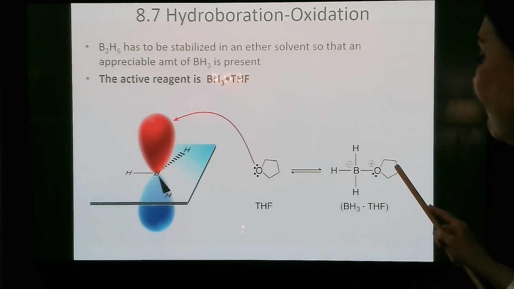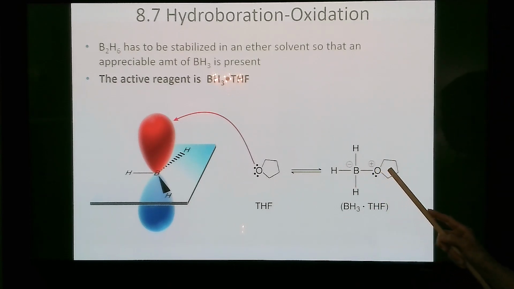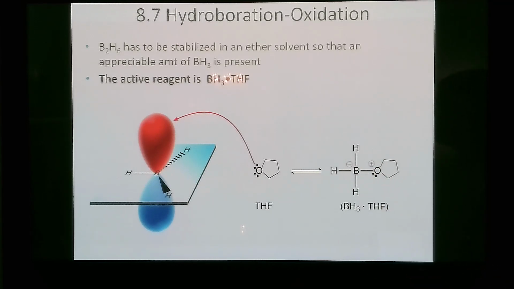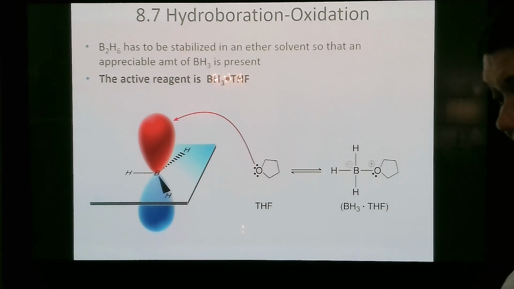And so this is a very common reagent that's used to effect hydroboration.